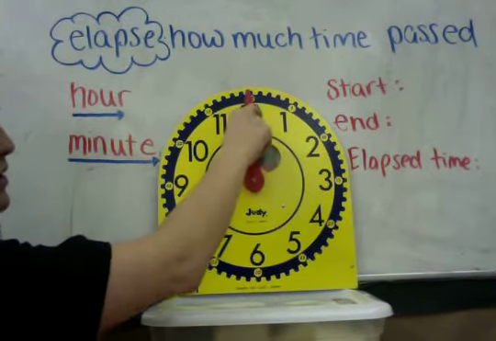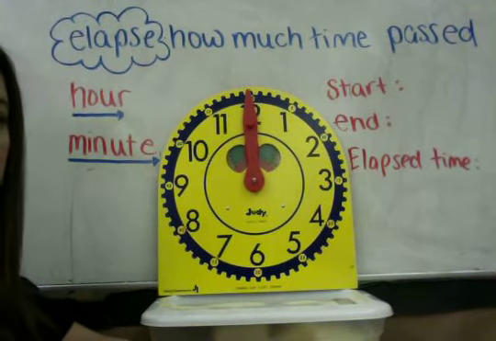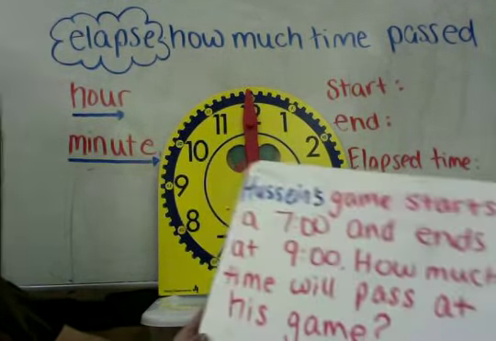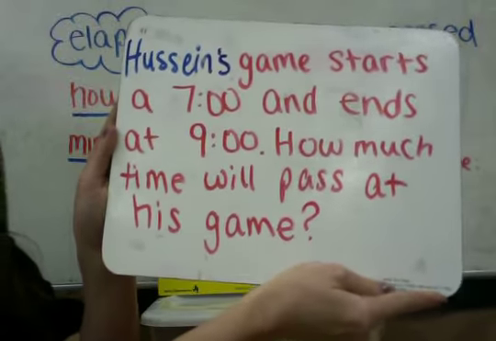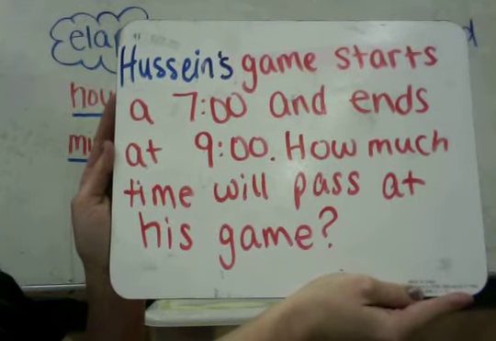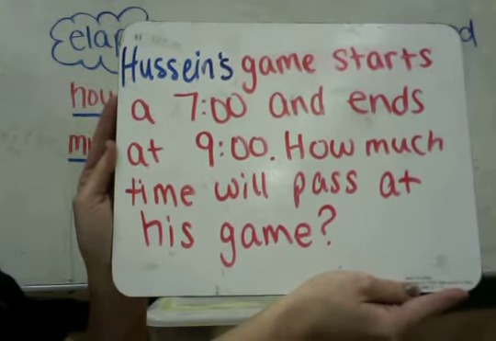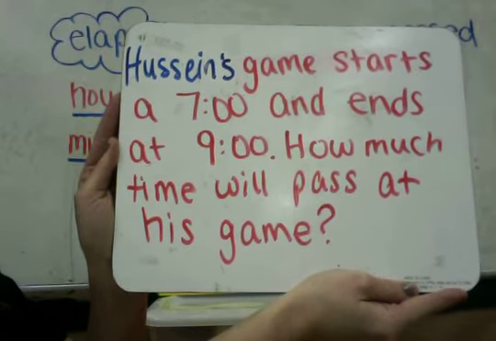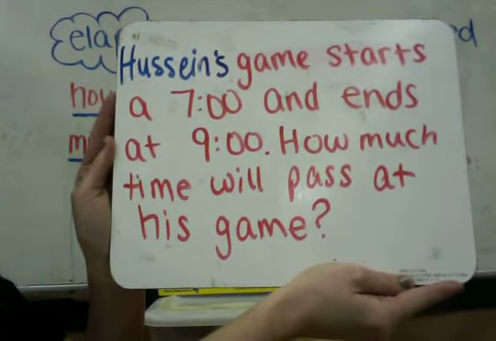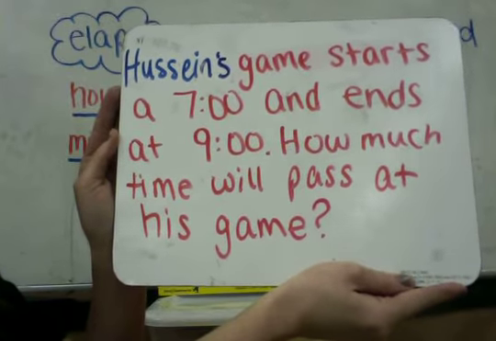The first thing that we are going to do is read our story problem. Hussein is our character in our story today. And it says, Hussein's game starts at 7 o'clock and ends at 9 o'clock. How much time will pass at his game? So in our problem today, we have a beginning time.